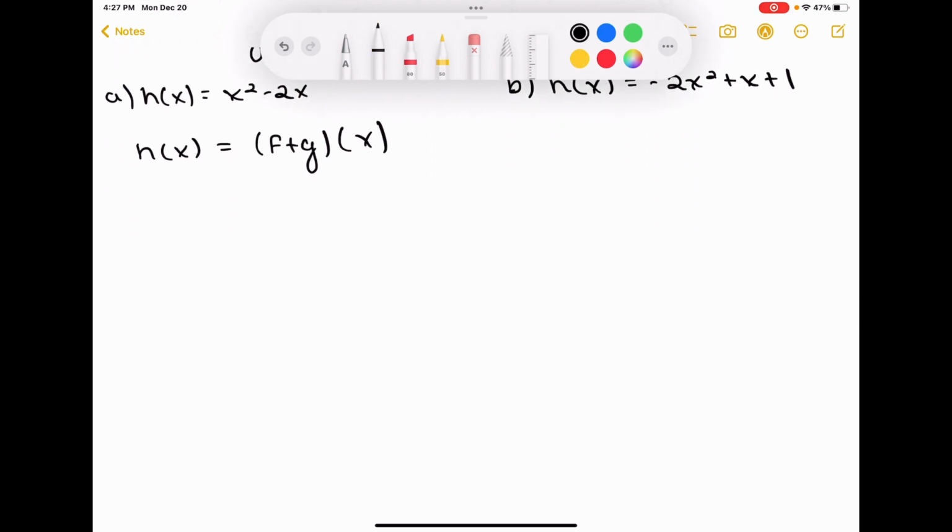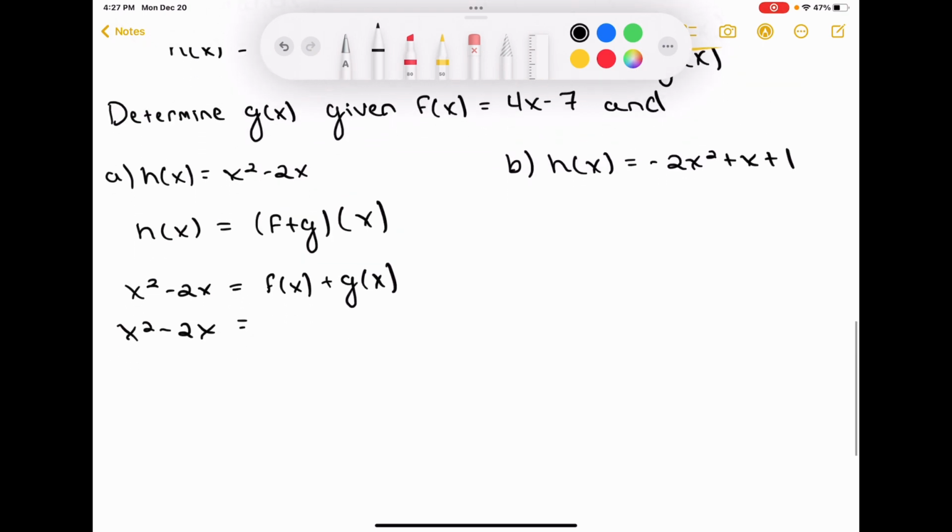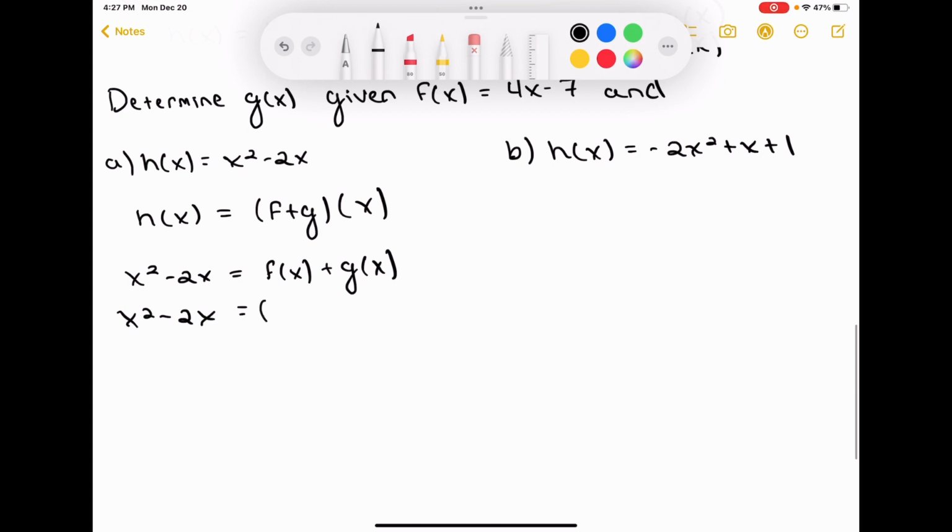So if I state it in terms of this, well, I have h of x, which is x squared minus 2x, is equal to f of x plus g of x, according to our form. And now what are these two? Well, we have x squared minus 2x for the h of x, and then in terms of f of x, we have 4x minus 7 plus g of x.